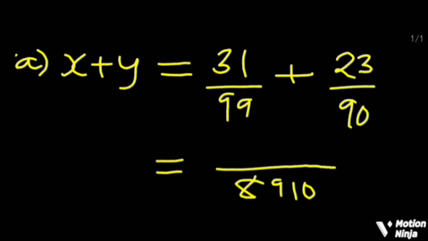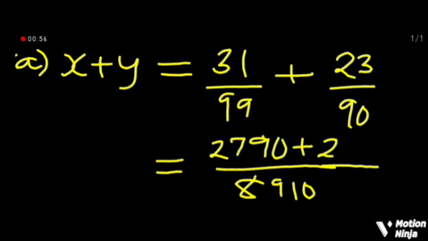If we take this number divided by 99 and times 31, the answer will be equal to 2,790. So here we add 8,910 divided by 90, the answer will be equal to 99. So if we times by 23, it will be 2,277.